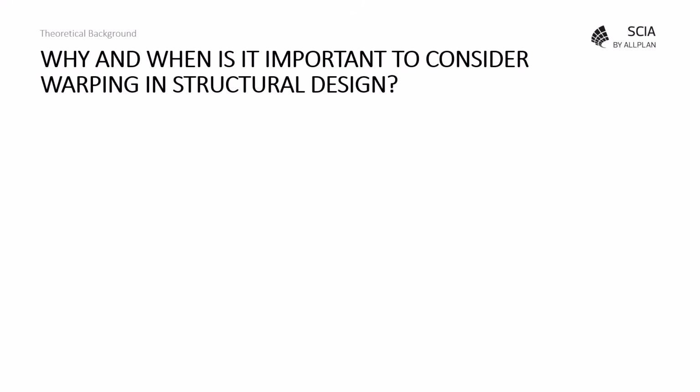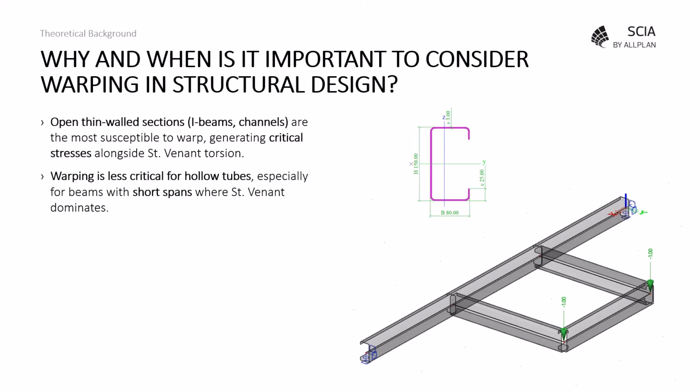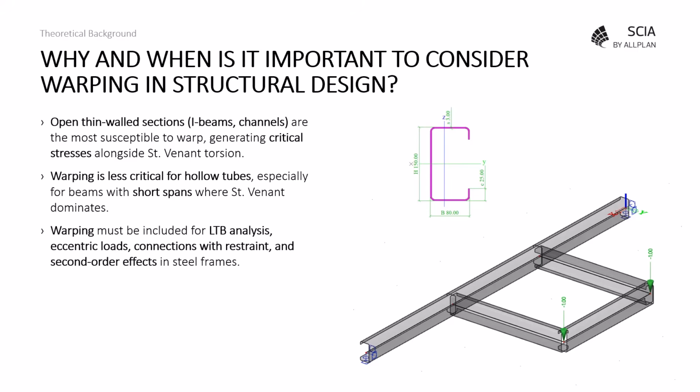So why and when is it important to consider warping in structural design? So first off, we can say that open thin-walled cross-sections like I-beams or channels are the most susceptible to warp, generating critical stresses alongside Saint-Venant torsion. As for other types like hollow tubes, they are less susceptible to warping, especially for beams with short spans where the Saint-Venant torsion dominates in that case.